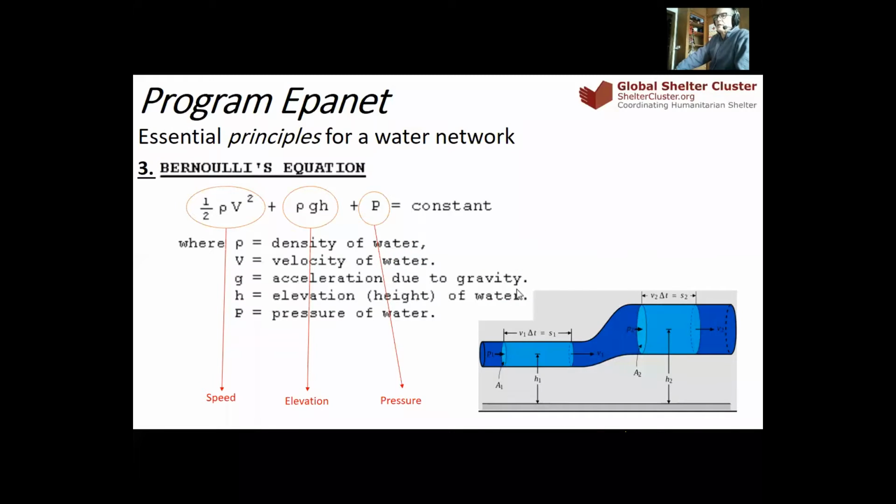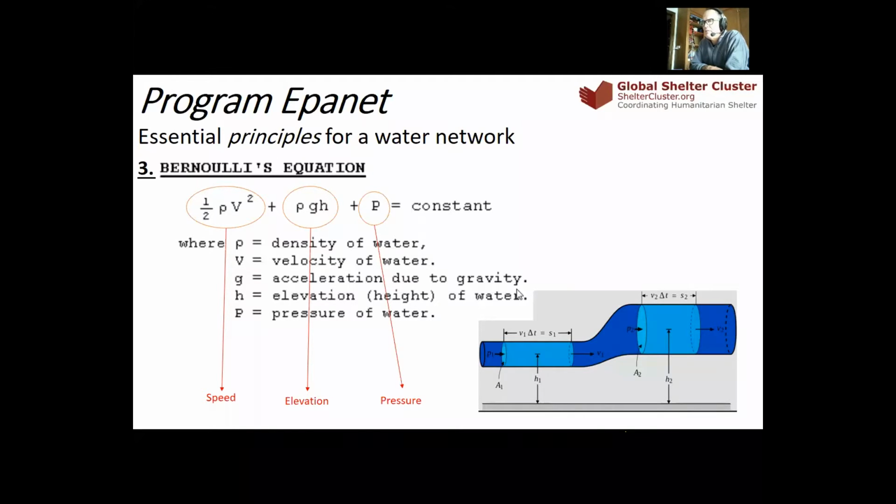We will see later. Now we have the Bernoulli equation, which is also extremely important in a water supply network. In short, this will say that the energy that you have at the beginning of the system is similar to the energy that you have at the end of the system plus the friction losses. And we have three types of energy in a pipe network.